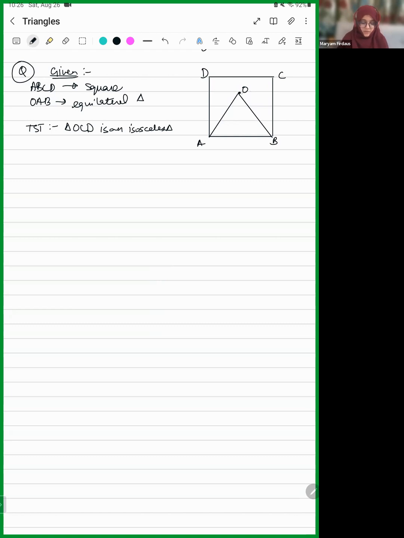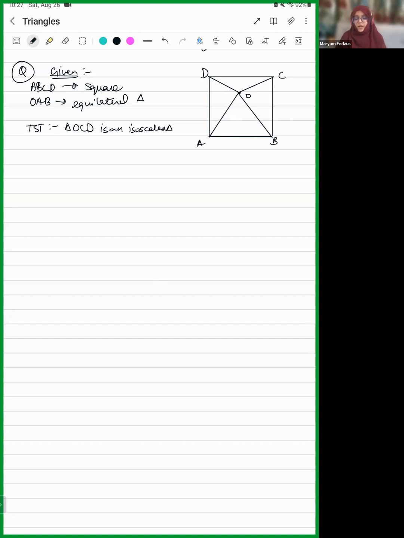OCD means this one. So first of all, I'm going to let you guys think about this. It's pretty easy. First, we have to prove that BOC is congruent to AOD.